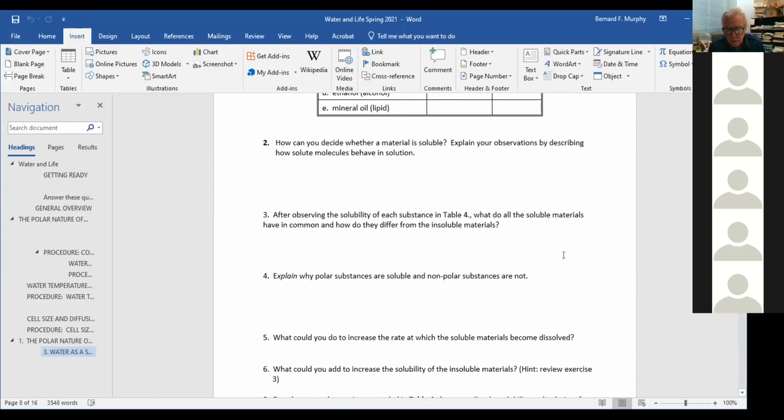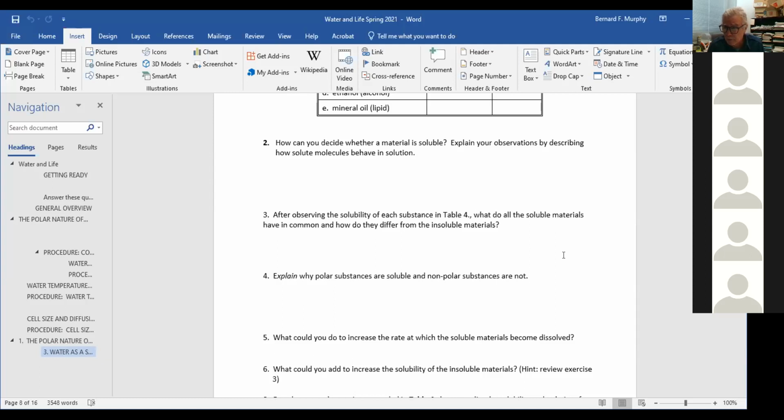Three, interesting. After observing the solubility of each substance in table 4, what do all the soluble materials have in common, and how do they differ from the insoluble materials? Well, the only thing I think I can say is all the soluble materials are polar.